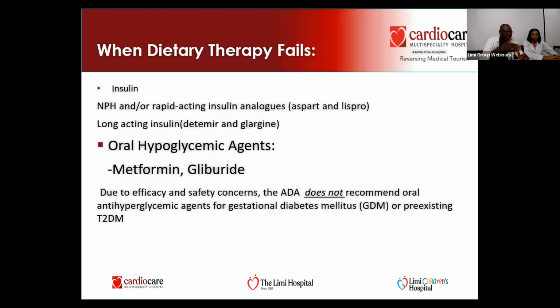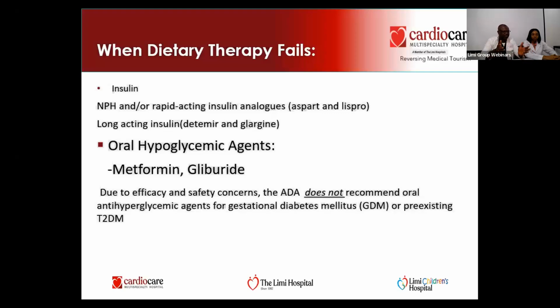But now, for the OHAs, especially metformin, some studies have shown that 10 to 16% of metformin can cross the placenta, which is a problem. But at the same time, some studies, the Glucophage in Pregnancy study, said there's nothing like that.